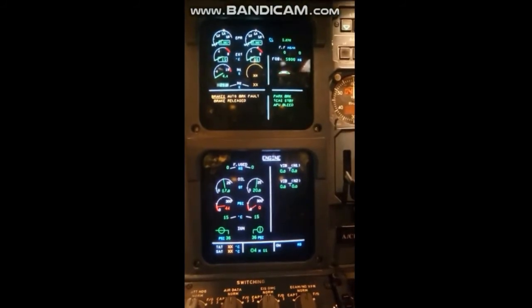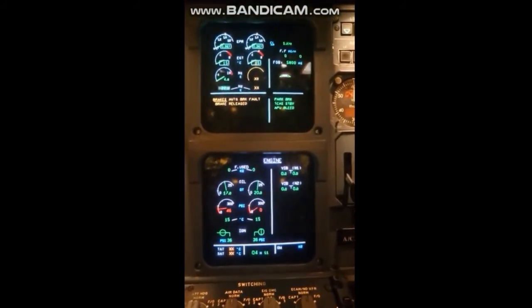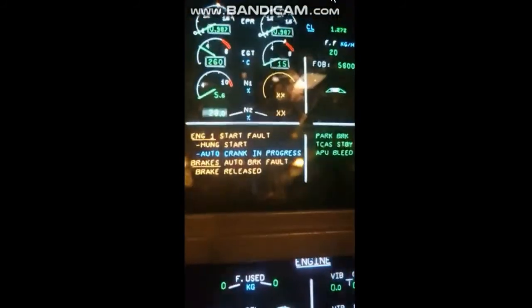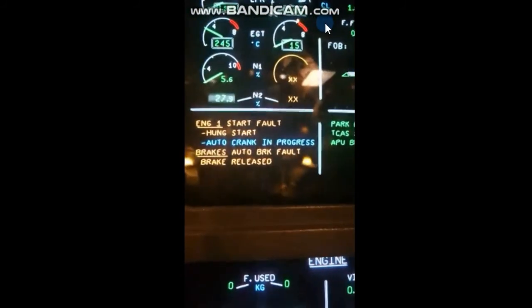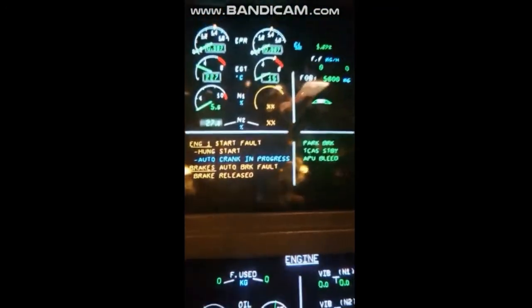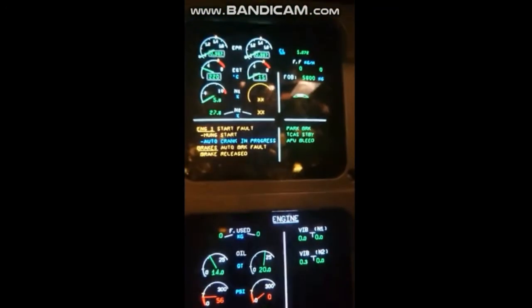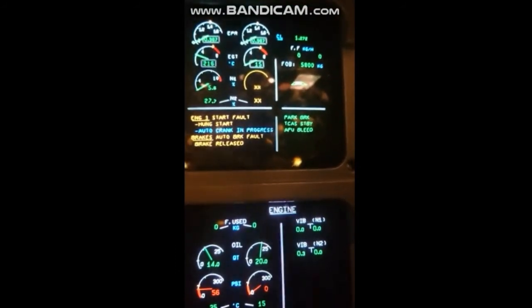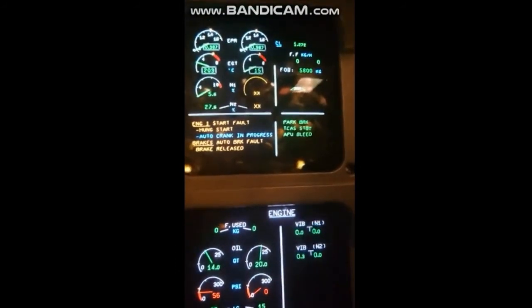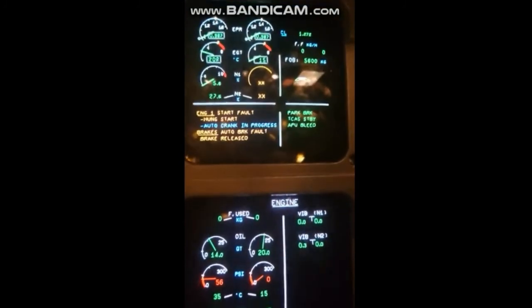Also we get an indication in our ECAM page. Now we see the fault here: engine number 1 start fault, hang start. This indication of a hang start of engine number 1 is shown on the ECAM pages.